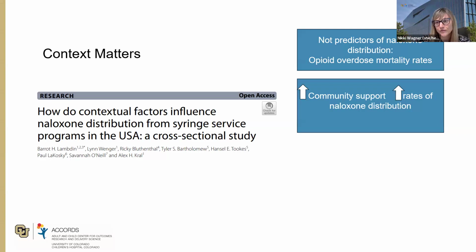That was not predictive of naloxone distribution. Instead, community support was one of the factors. Where the community supported a syringe service program, we had higher rates of distribution. So this specific contextual factor had a big part in how they were able to implement this program, and was key to naloxone distribution.